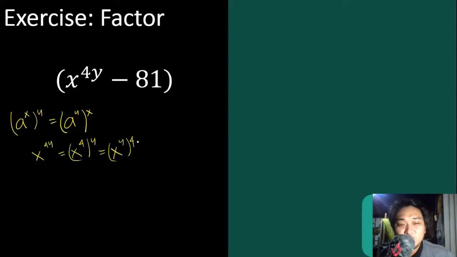So, what will be the square root of x raised to y raised to another power of 4? So, the square root will be x raised to y to the second power. Bakit? Kasi di-divide lang naman natin yan by 2 eh.